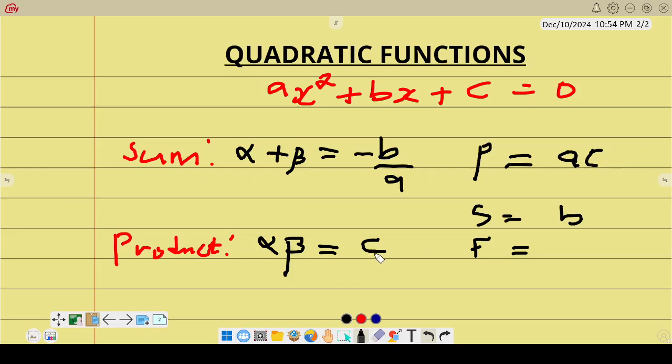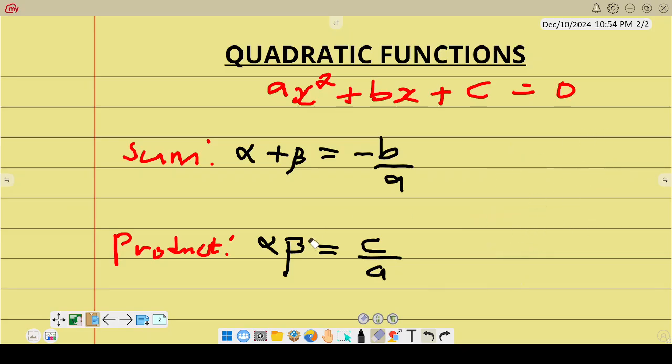This is why we have c over a. I really hope that this makes sense. When you multiply, it's simply a times c, so we're going to have c over a. Okay, so another foundation has been laid.